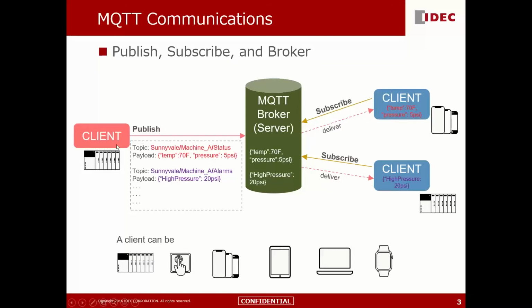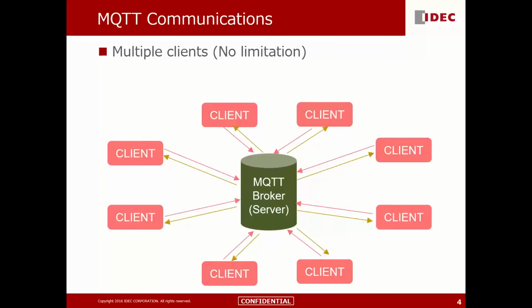So even though you're trying to get information from this client, because it's subscribed to topics, you're not exposing any IP address here. So it's considered a very secure protocol. Okay, so that's how publish, subscribe, and broker work in a top level overview.